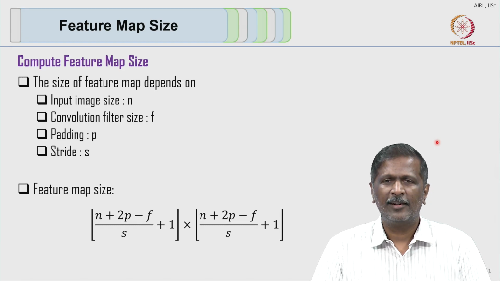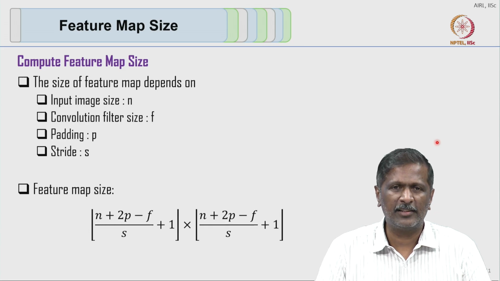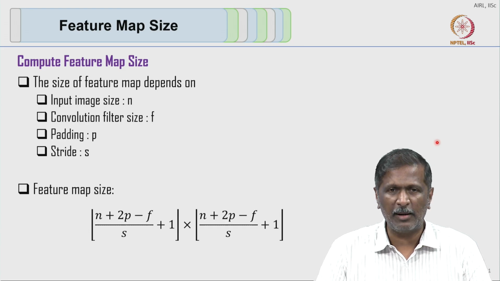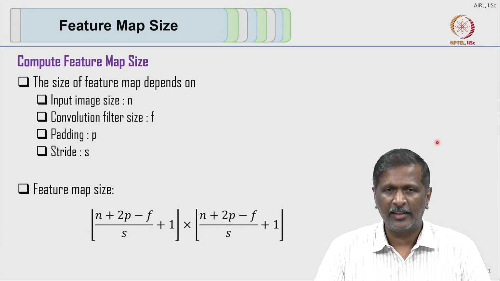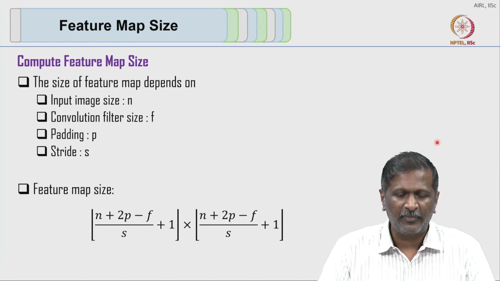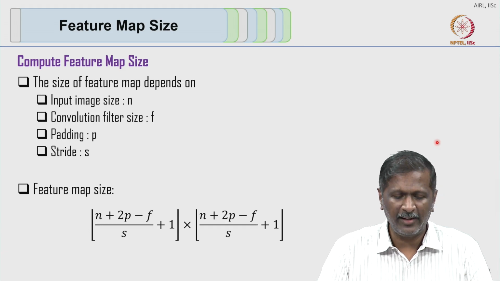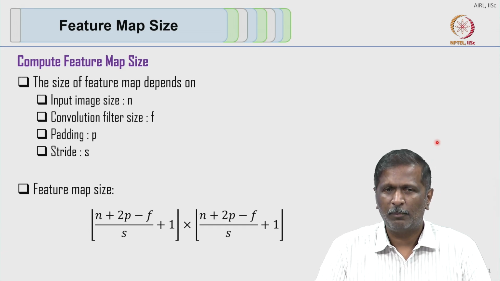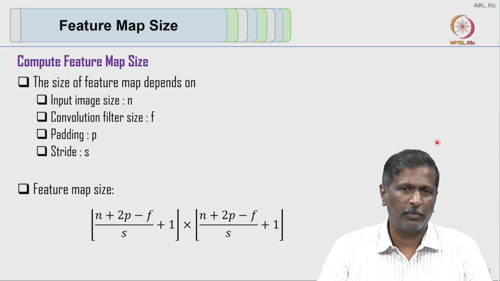How do I mathematically represent this process? The feature map size is nothing but n plus 2p, where p represents the padding, minus f, the filter, divided by s, plus 1, and you do the flooring operation.